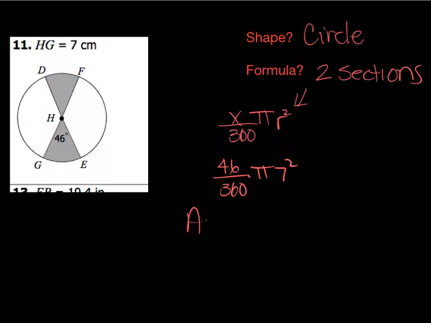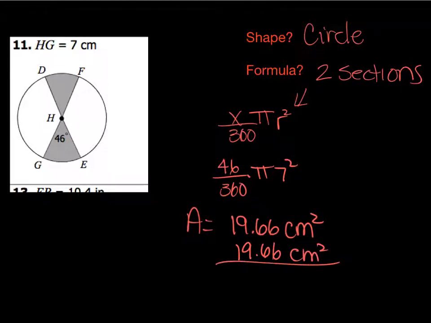Let's kick out the clicks in the calculator and see what we get. So one section is 19.66. However, we do have two sections, so we're going to have to add 19.66 to itself, or just multiply it by 2, and the final answer is 39.31 centimeters squared.